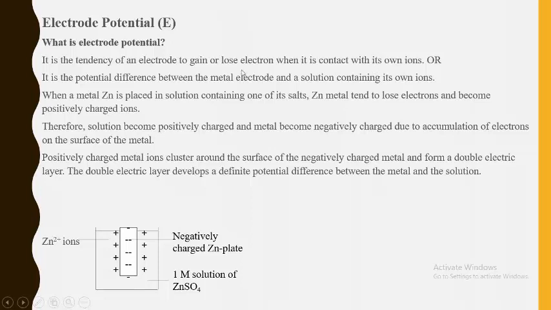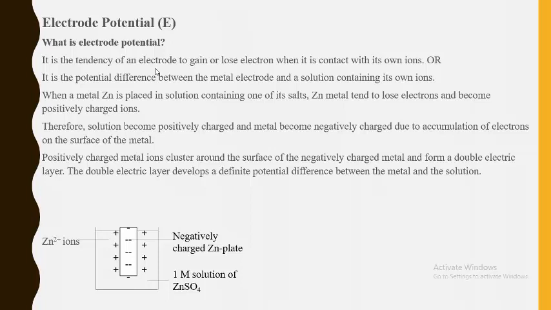own ions. So one condition for the electrode potential to be developed is that the electrode has to be kept in the solution containing its own ions. We cannot keep the zinc electrode in the copper 2 plus ion solution, or the copper electrode in the zinc 2 plus ion solution.